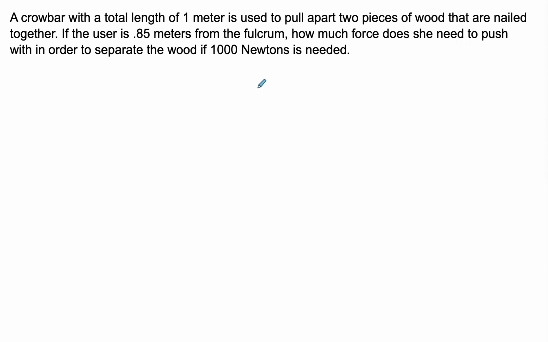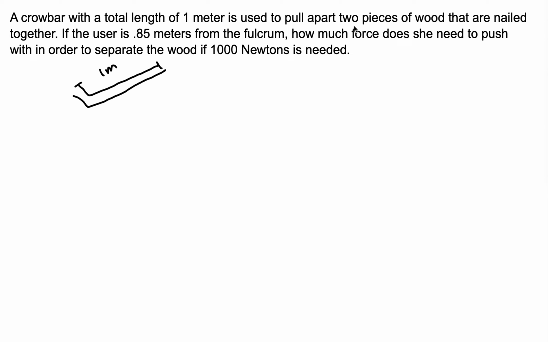Okay. So let's do 2 sample problems. I'm going to draw this out because once again I like drawing it. It makes it make more sense to me. So I have a crowbar with a total length of 1 meter. So the total length of my crowbar from one end to the other is 1 meter long. Okay.